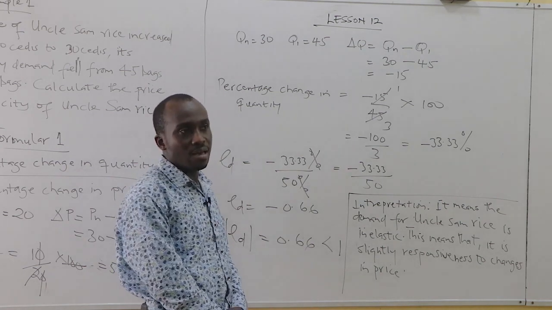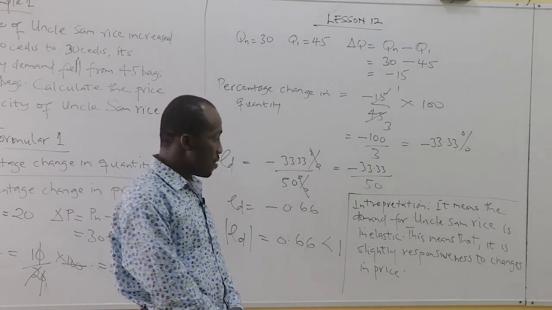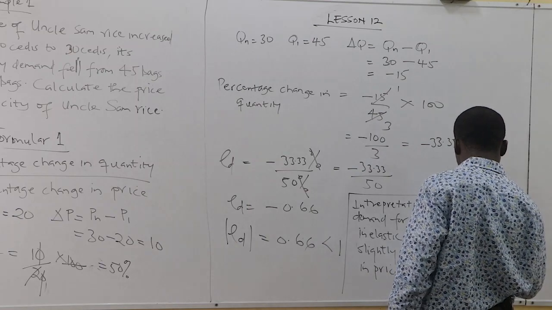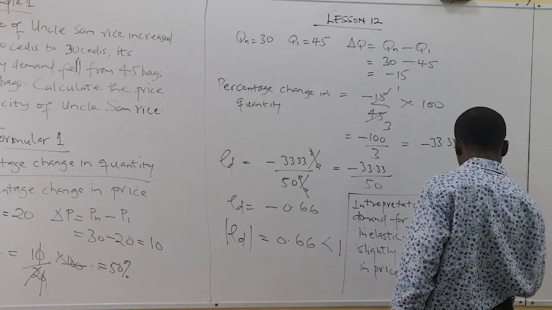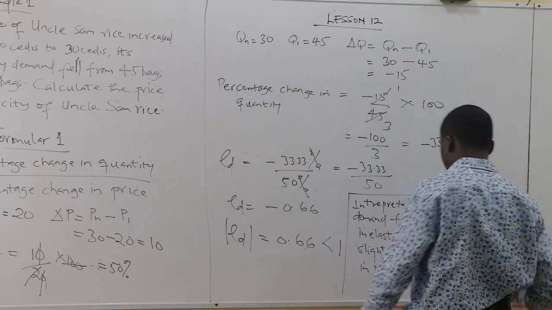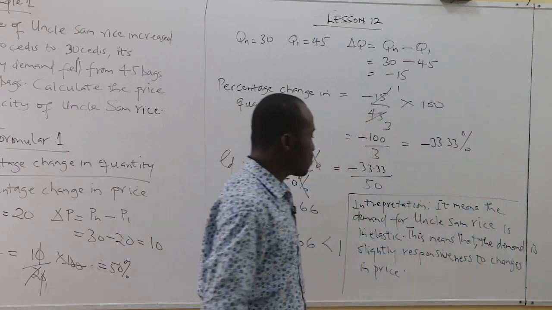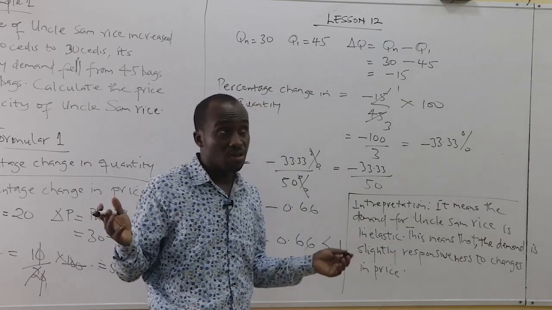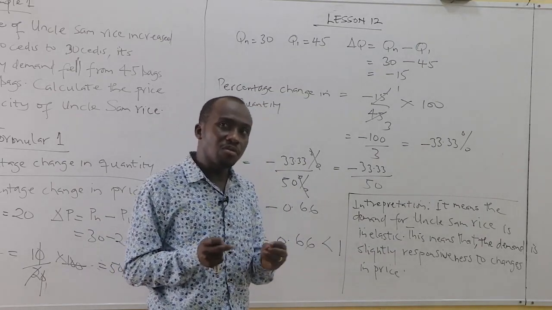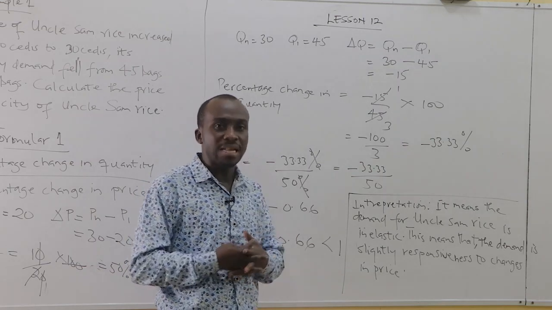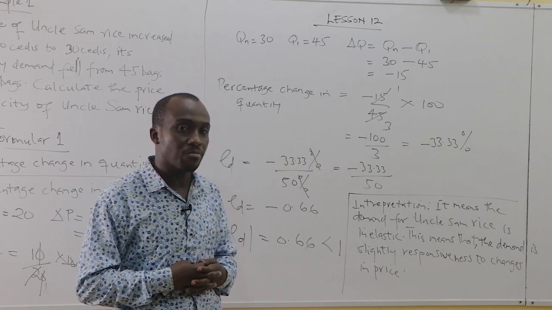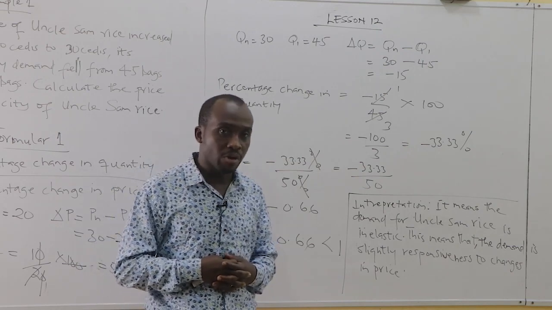If the price even increases from maybe 100 Ghana cedis to 200 Ghana cedis, only few people stop buying, a lot of people keep on buying, meaning that the demand for Uncle Sam rice in Ghana is inelastic. People like Uncle Sam rice. They are not worried about the increase in price.